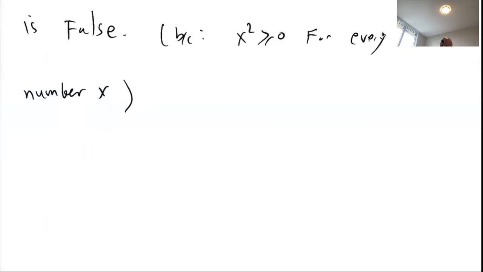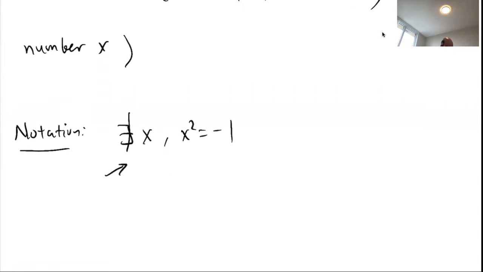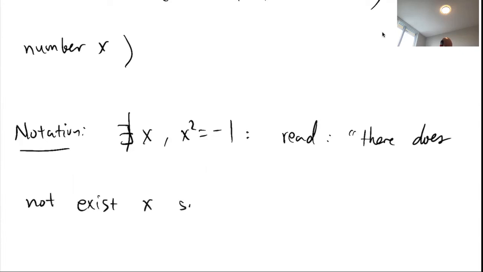Okay, so the notation that we use in this case: there does not exist x with x squared equals -1. If you see this notation, it means there does not exist. So to write it this way, read, there does not exist x such that x squared equals -1.